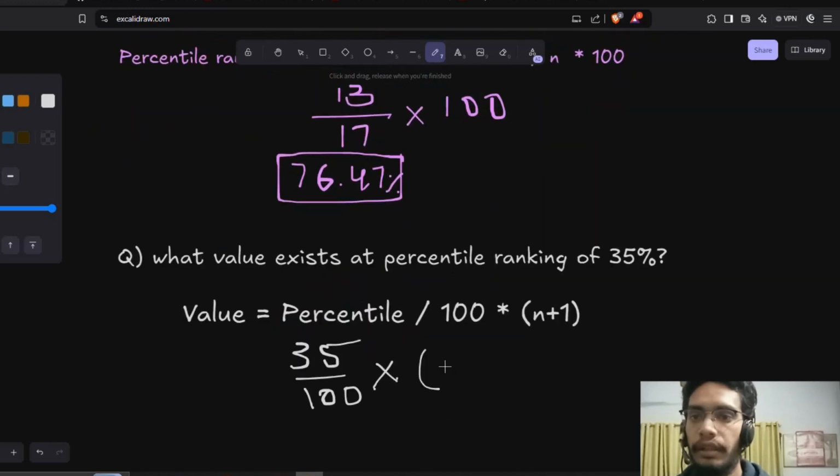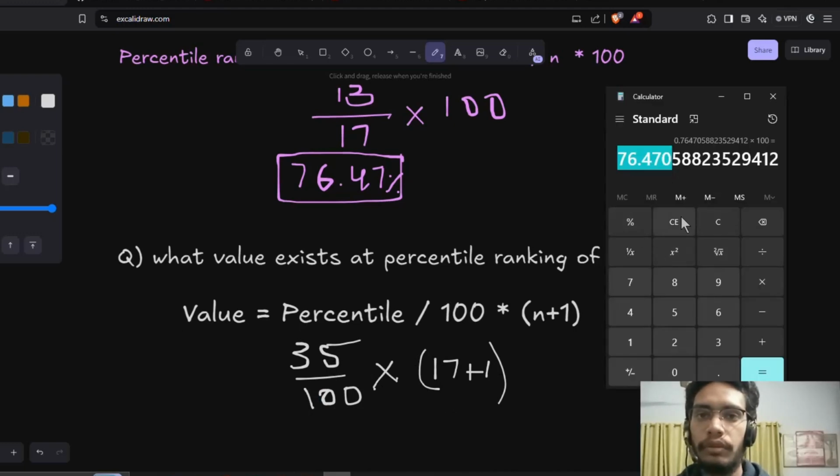We had 17, so it will be 17 plus 1, that is 18, right? According to the BODMAS rule, we will divide first and then multiply by 18. So 35 divided by 100 times 18, and we get 6.3.